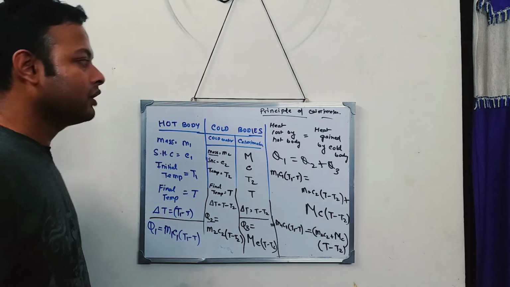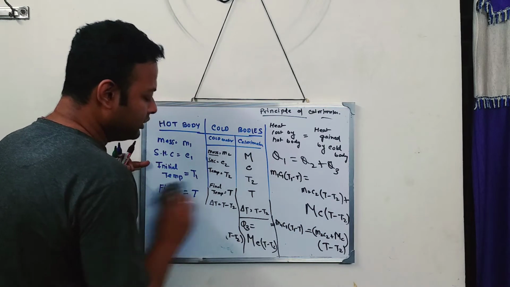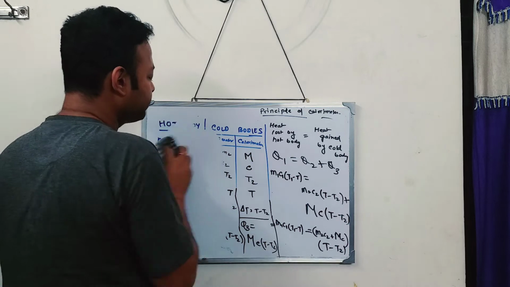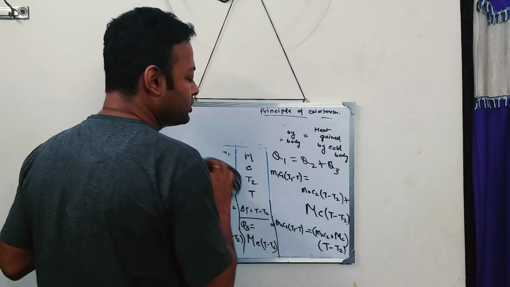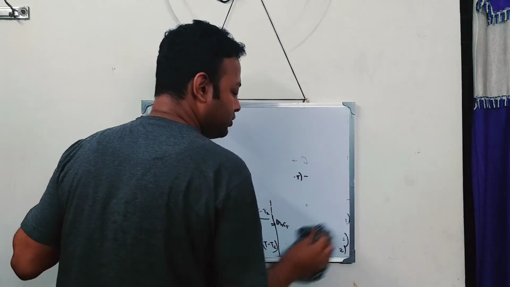So we have learned about the principle of calorimetry totally in detail. Now after this, the next part will be what? We are going to continue teaching the next part with the next topic.